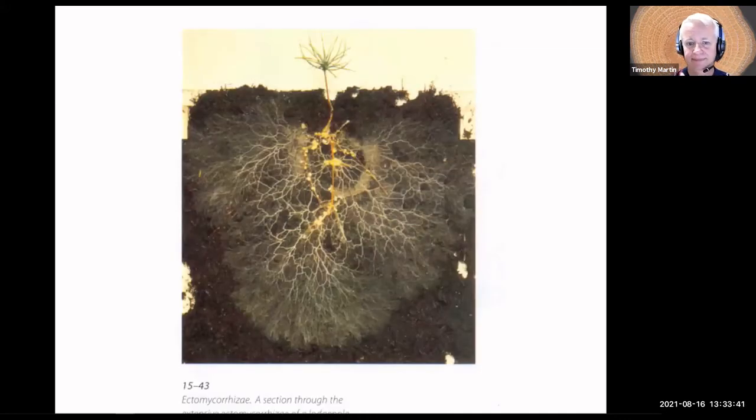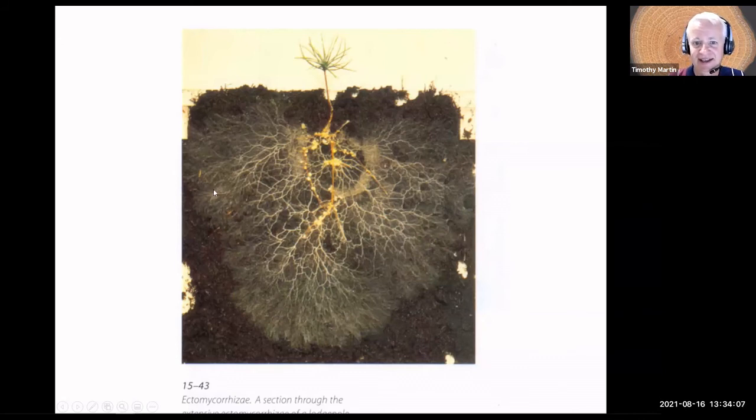And this is a great image that shows the extent to which mycorrhizae can expand the absorbing surface area of root systems. This is a pine germinate, a young pine seedling. The brown parts here are the root system of the pine, and all of this white stuff are mycorrhizal hyphae.